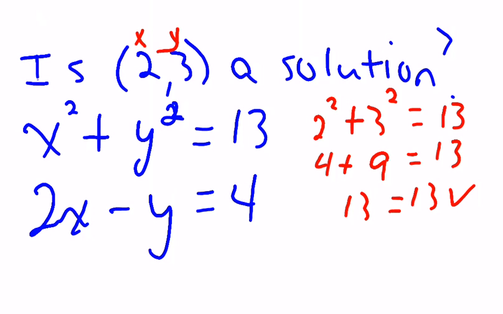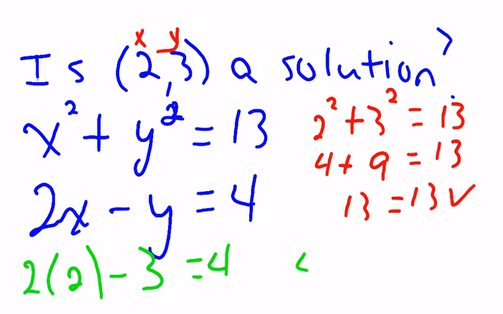We definitely have to make sure we plug it into both to see that it does work. So the second one, we would have 2 times 2 minus 3 equals 4. And so 2 times 2 is 4. 4 minus 3 is 1. Does 1 equal 4? No, it does not. So here we would say it is not a solution.